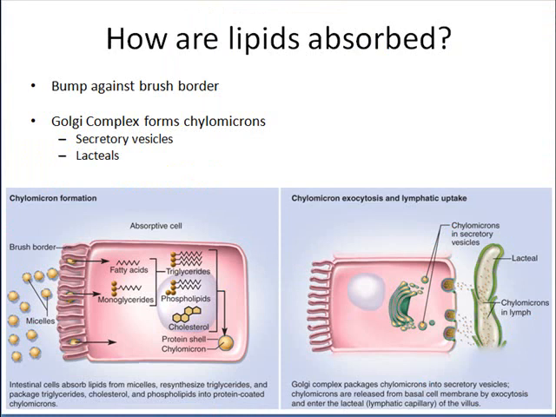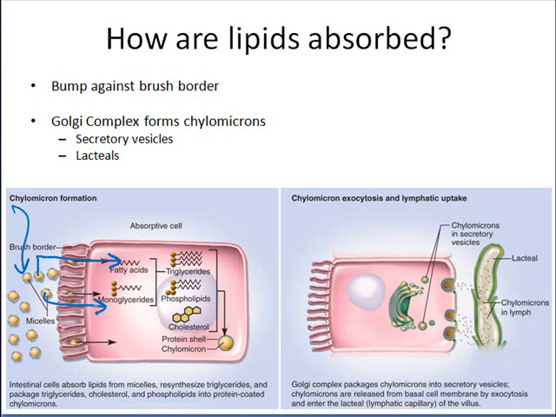So these individual micelles, here they are, start to bump up against the brush border. And as they do that, individual free fatty acids will be allowed to pass through the plasma membrane of that cell, and individual monoglycerides will be released from the micelle and will diffuse down their concentration gradient and into this intestinal cell.